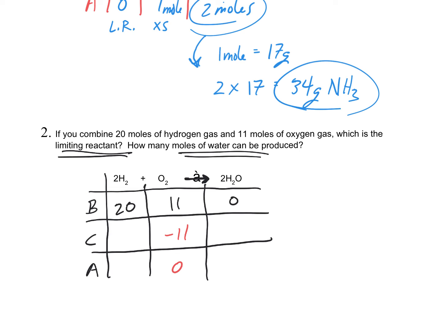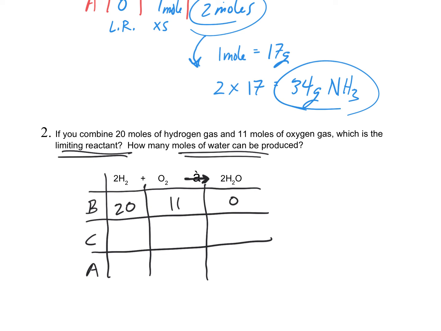If that was the case, then I would need 22 moles of hydrogen, right? The mole ratio is 1 to 2. For every 1 oxygen, I need 2 hydrogen. If I used up 11 oxygen, I would use up 22 hydrogen. That's impossible. I can't possibly take 22 out of 20.